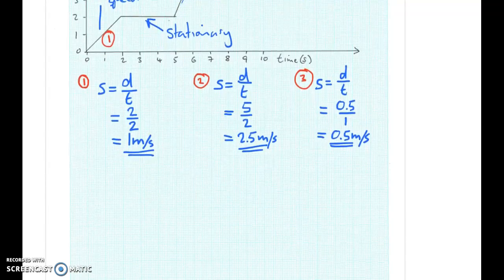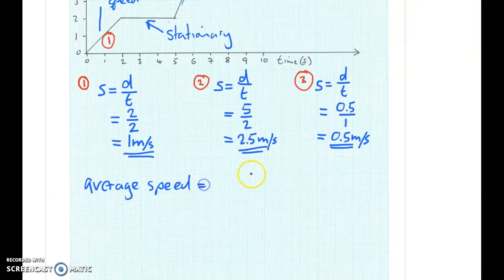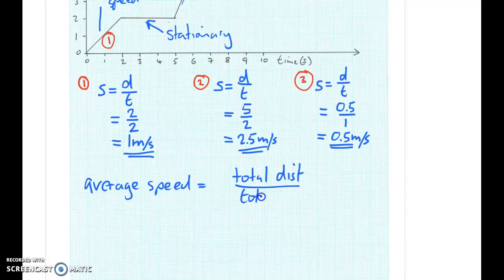So let's calculate. Average speed equals total distance over total time, which equals 7.5 meters in 10 seconds, so 7.5 over 10.